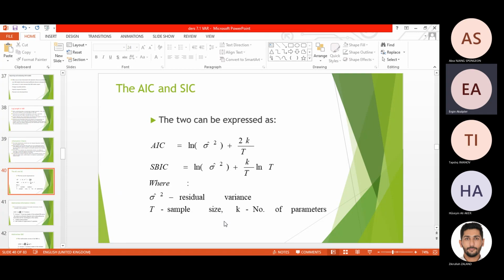As you are observing, the Schwarz-Bayesian and Akaike criteria are a little bit different, but they are a helping hand for estimating the best lag representation for the model.